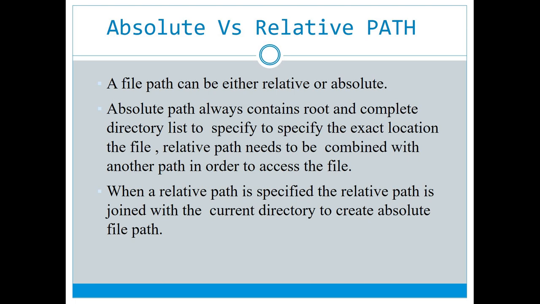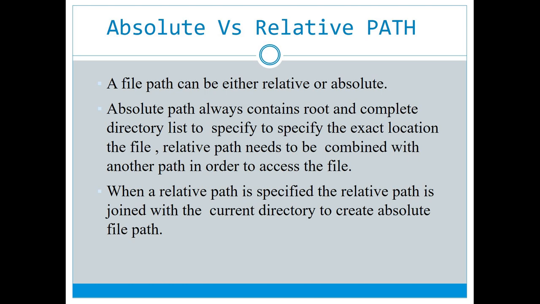The absolute path contains the complete path from the root directory. The root directory is nothing but the drive name, and when we provide the whole path starting from the drive name up to that particular file name, it is treated as an absolute path.